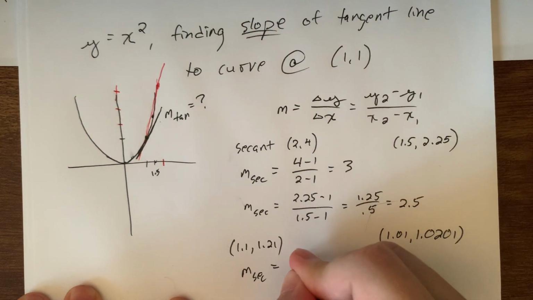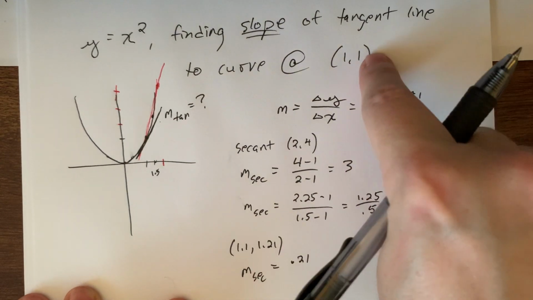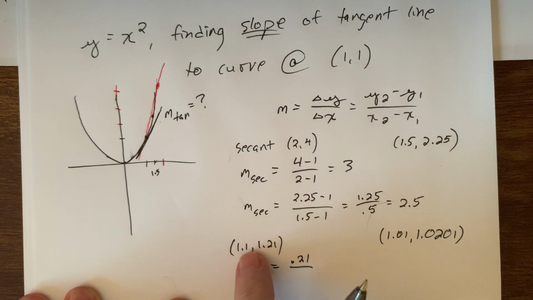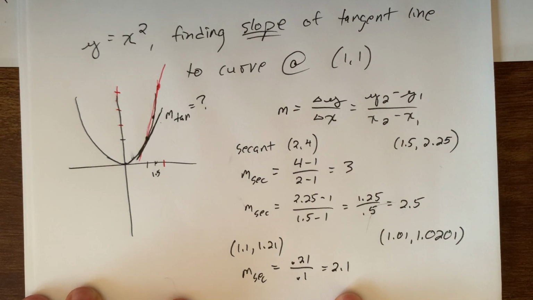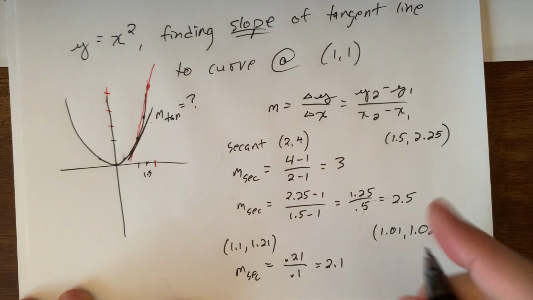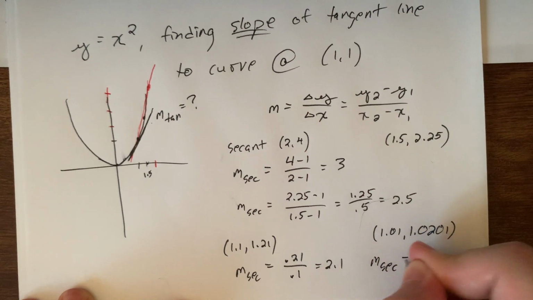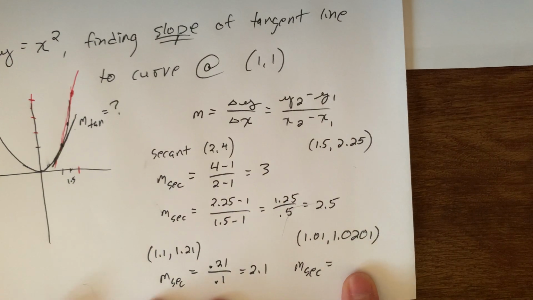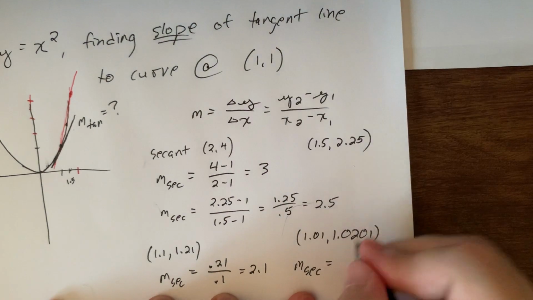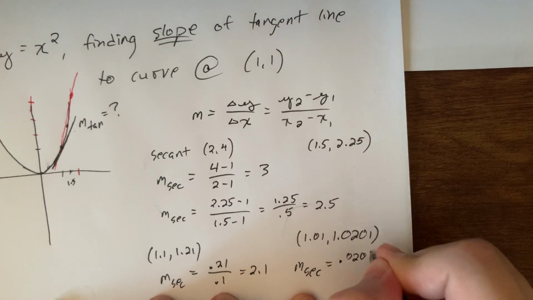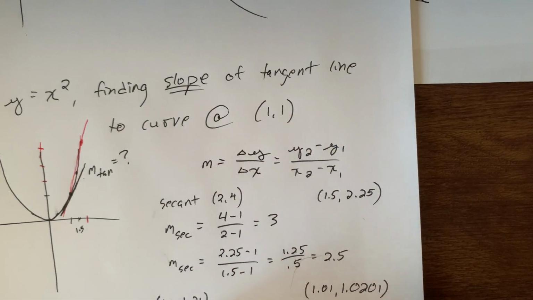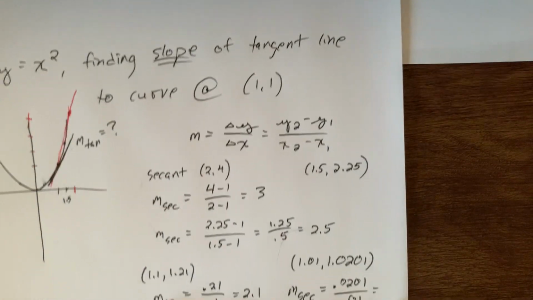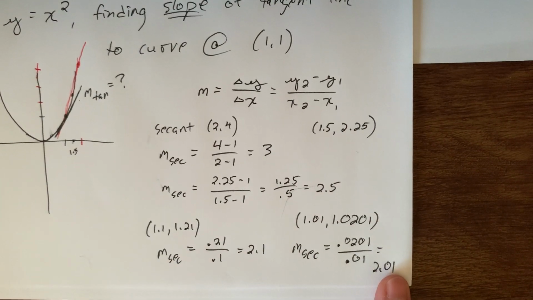So I'm just going to start doing the arithmetic. 1.21 minus 1, all over 1.1 minus 1, and we get a slope of 2.1. And the last time, when I set up this last one, this y minus this y, I get 0.0201 divided by this x minus this x, which is 0.01, and I get a final slope of 2.01.